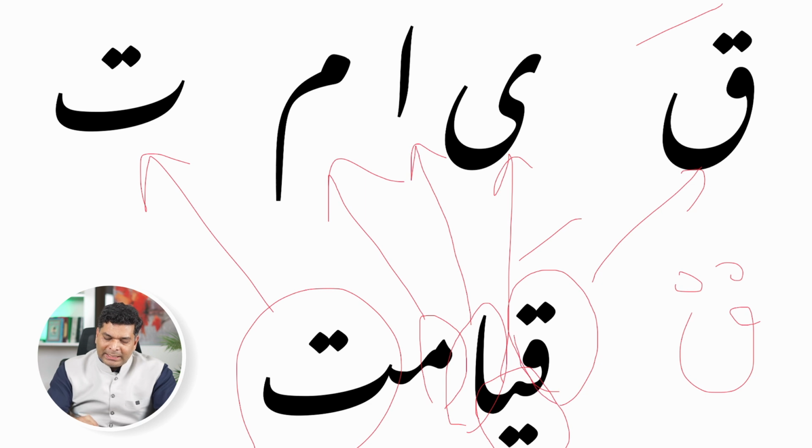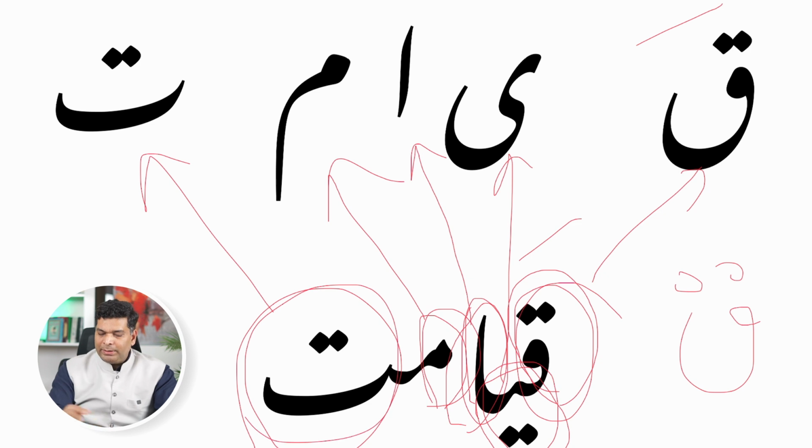The important thing is to understand what are the letters which are forming the word and what symbols have to be put and what shape it is taking. So this can only be interpreted as qaf, and this can only be interpreted as ye, and this can only be interpreted as alif, and this can only be interpreted as meme, and this can only be interpreted as te, right? So that's how we get to this.